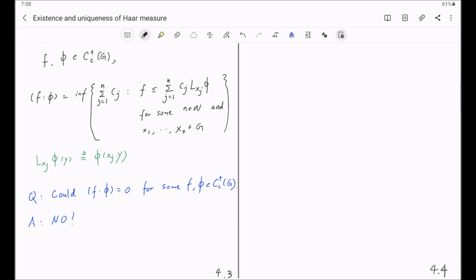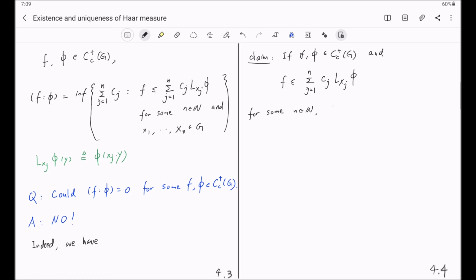Indeed, we can make the following claim. We claim that if f and phi are both in CC plus G and they satisfy the inequality that f is less than or equal to the summation of C sub j times the left translation of phi by x sub j, the sum taken from j equal to 1 to n for some positive integer n and group elements x1 through xn in G, then we're going to have a lower bound for the sum of coefficients.